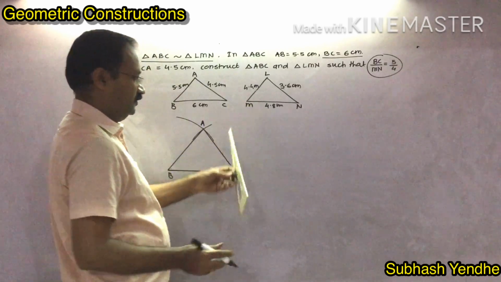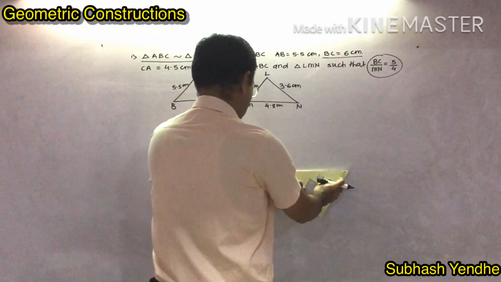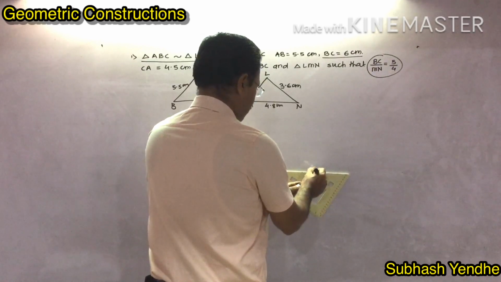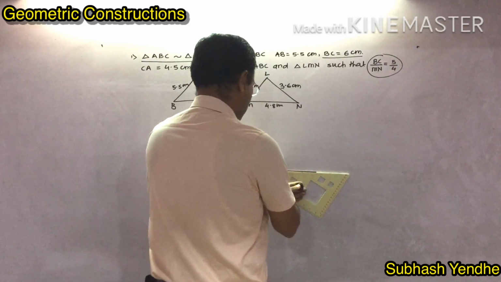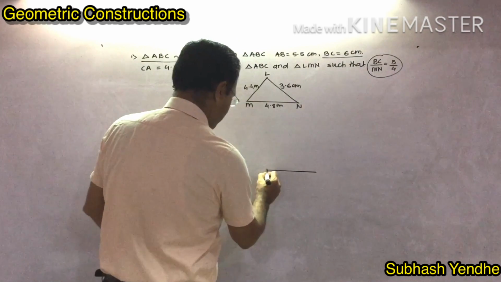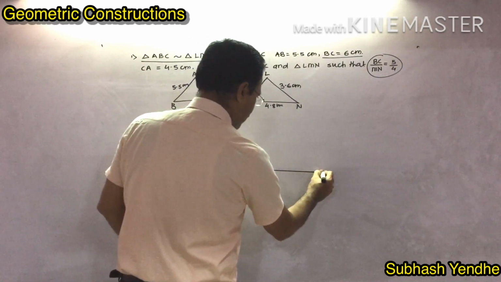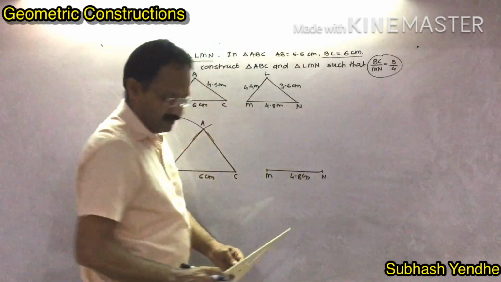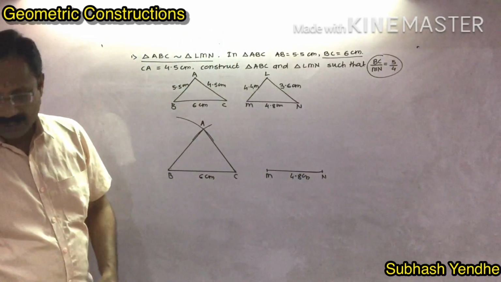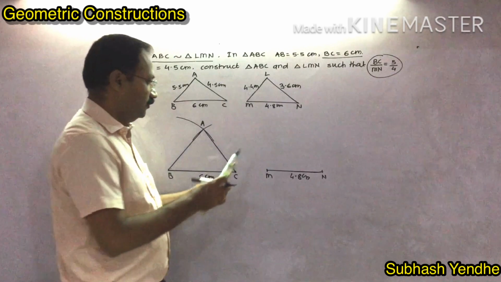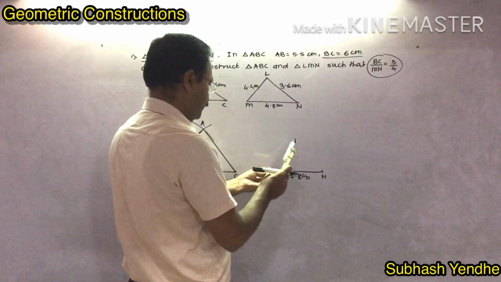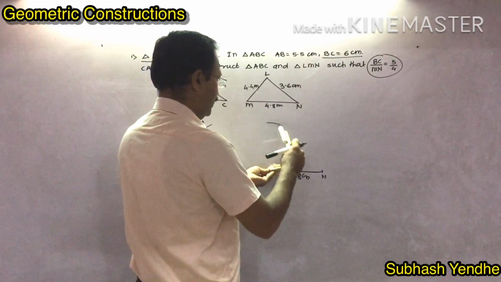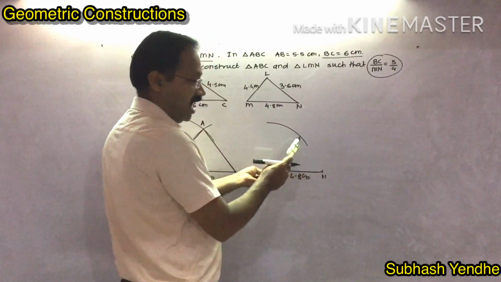Now what about this? Same, you have to draw it. MN is given 4.8, so I am going to take 4.8 centimeter. This is MN, which is 4.8 centimeter. Now what you have to do is take 4.4 centimeter. So I have taken the 4.4 centimeter here and let's draw the arc.